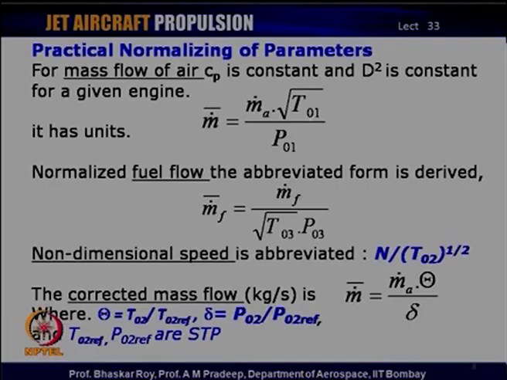However, quite often for mass flow, a corrected mass flow which has units of normal kilograms per second can be written down in terms of m dot a into capital theta divided by delta. Now, capital theta is the temperature ratio of the operating temperature at the inlet to, let us say, the compressor to the reference temperature.